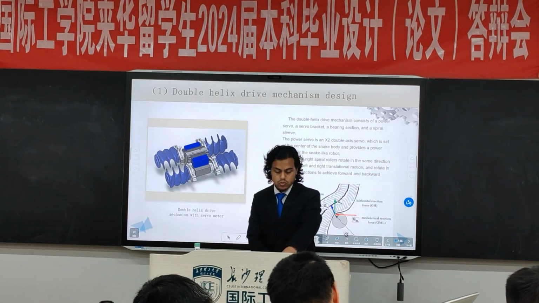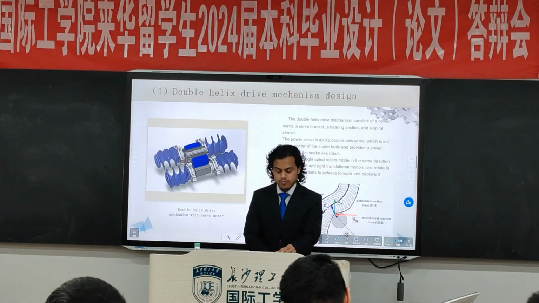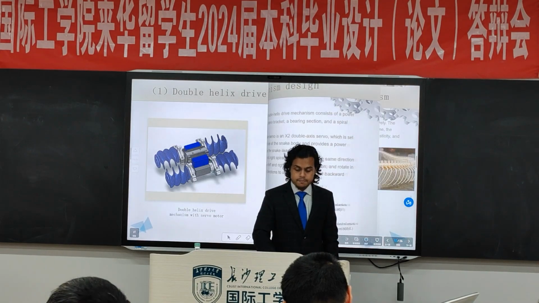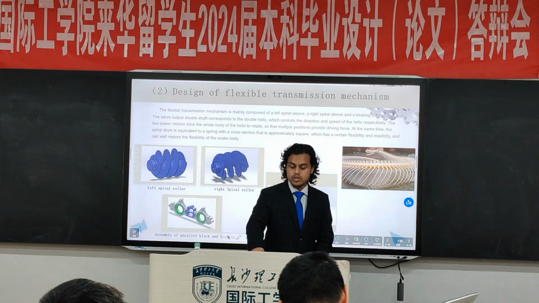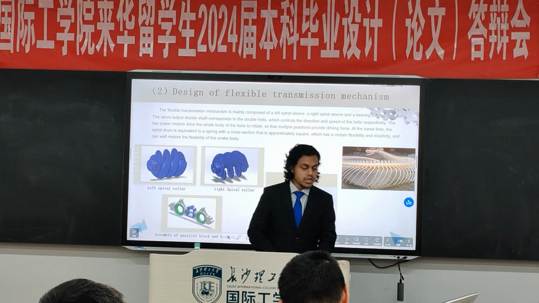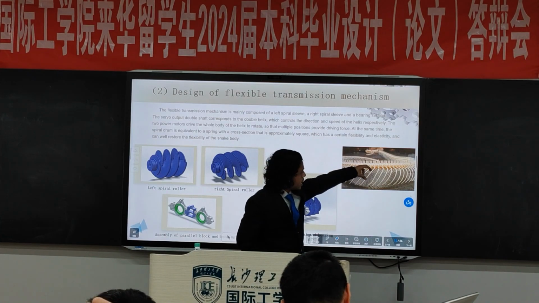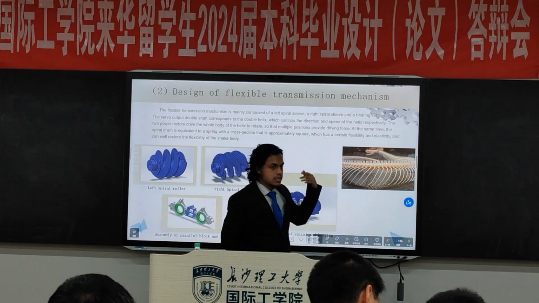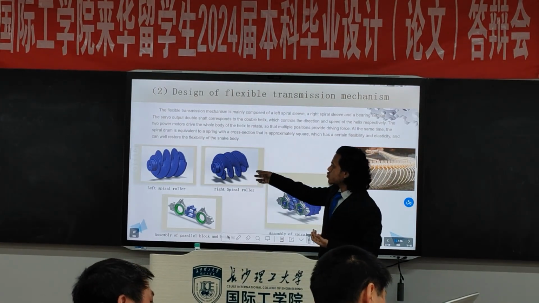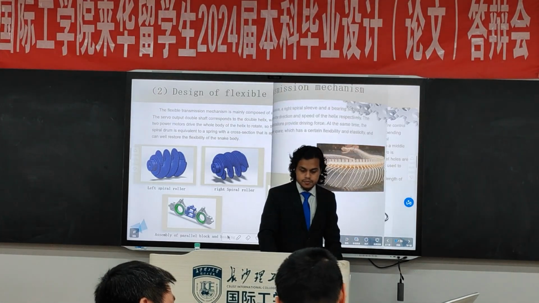This is the snake body, so for one part of it I can make this kind of force distribution. Then the flexible transmission mechanism design, how I did it according to the snake ribs and spine. You can see the snake ribs and spine are very well organized, and mainly the snake has muscles, but the robot has no muscles. So I need to design in a unique way so that it can really move.